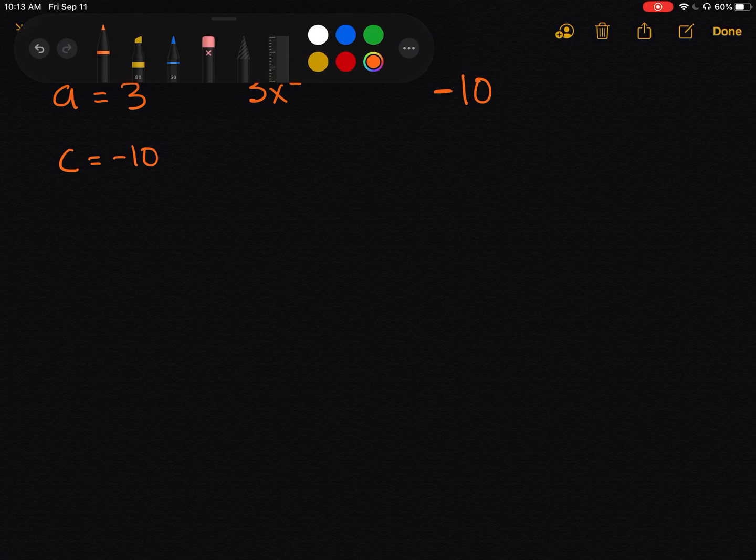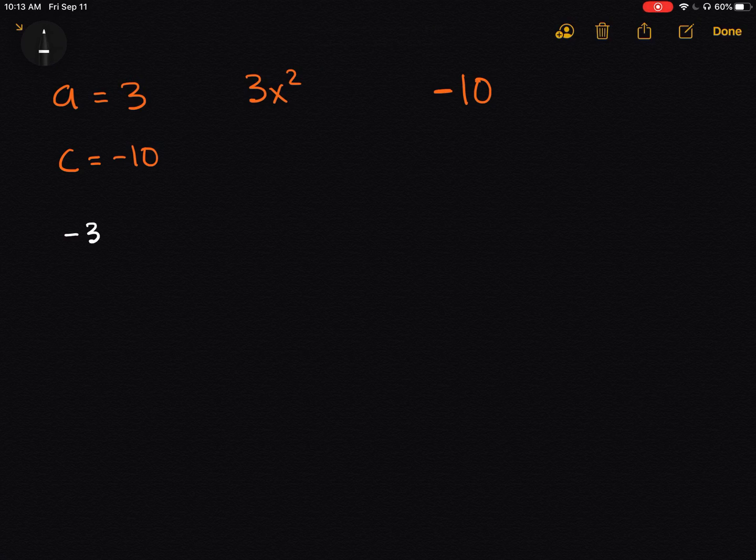So now again, the process is multiply 3x squared and negative 10. That's going to give us negative 30x squared. And so those factors could be 1x and 30x, 2x and 15x, 3x and 10x, or 6x and 5x.